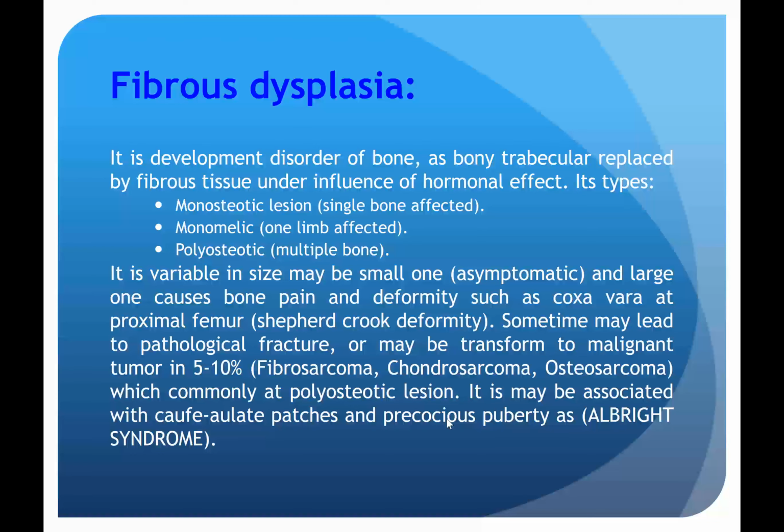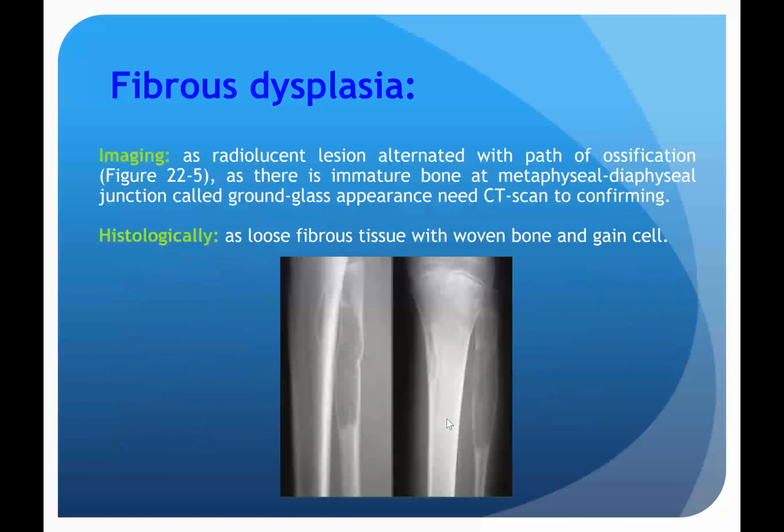It may also be associated with café-au-lait spots in case of Albright syndrome, in which there is also precocious puberty. In imaging, there is a radiolucent lesion alternating with patches of ossification, which gives the appearance of ground glass. These are multiple osteolytic lesions.